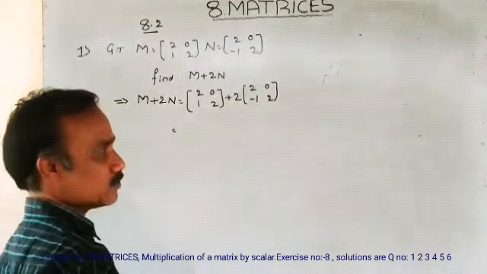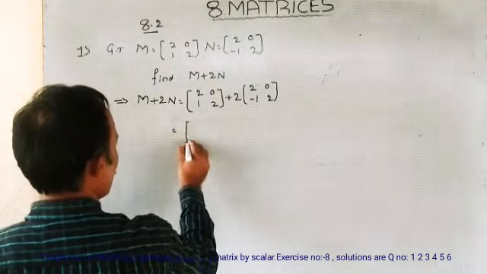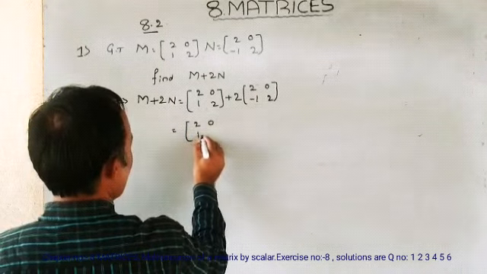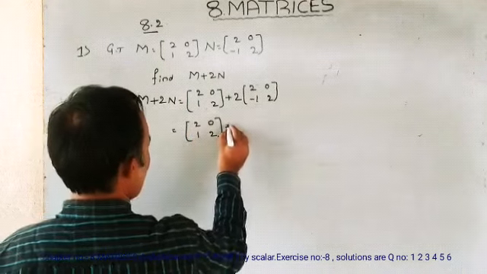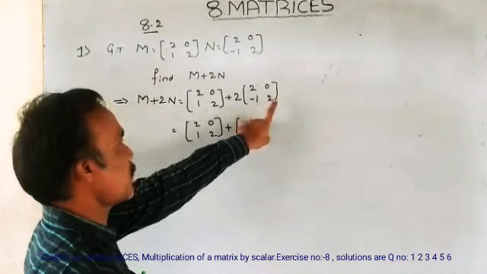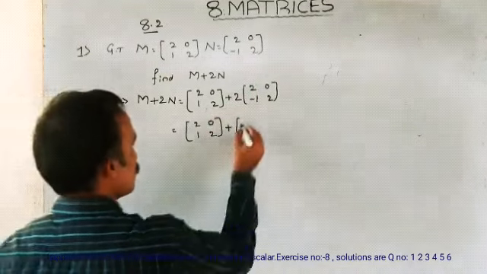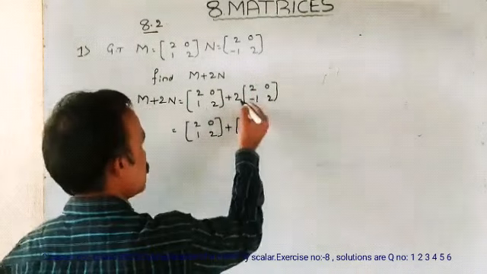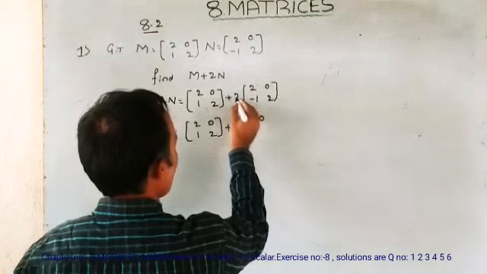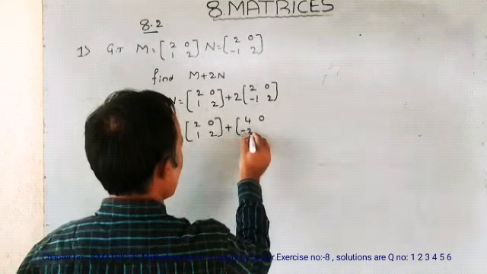Thus this is equal to 2, 0, 1, 2 as it is, plus all the elements of matrix N multiplied by 2, that is multiplication of a matrix by a scalar or number. 2 times 2 is 4, I will write direct answers. 2 into 0 is 0. 2 into minus 1 is minus 2.